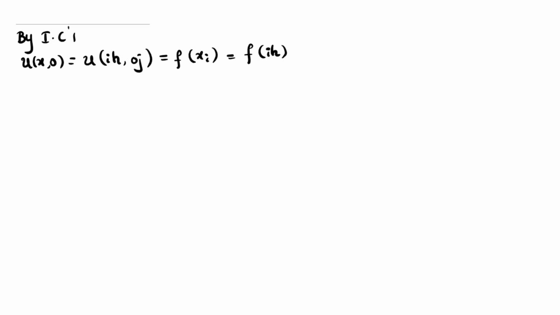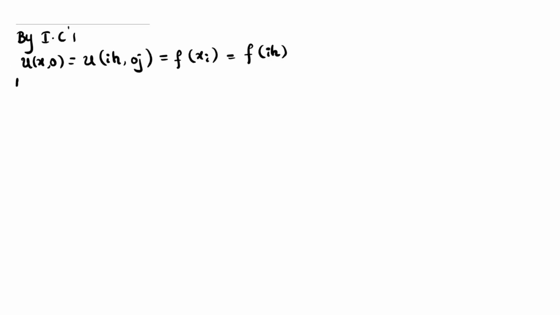Using this condition you are going to find the values along the first row. That is, the first row elements: when you go on putting i as 0, 1, 2, 3, 4, you will be getting x0, x1, x2, x3, x4 like this.